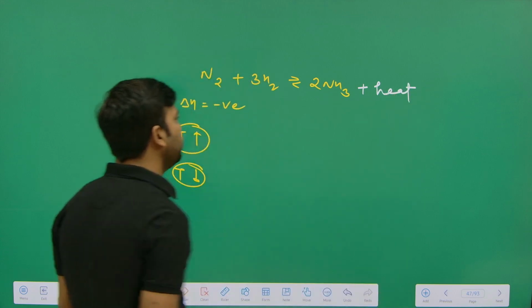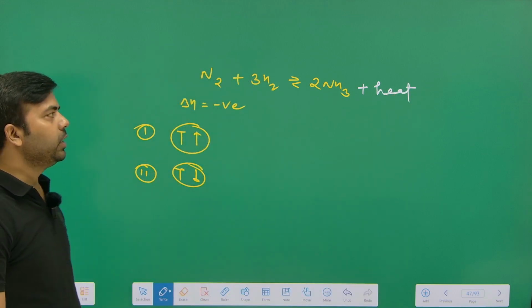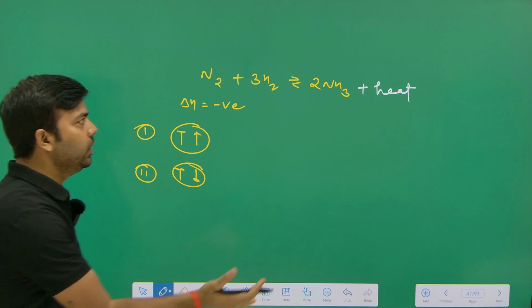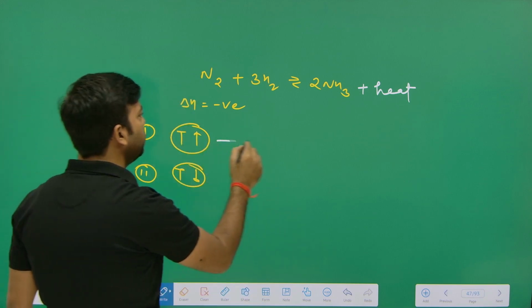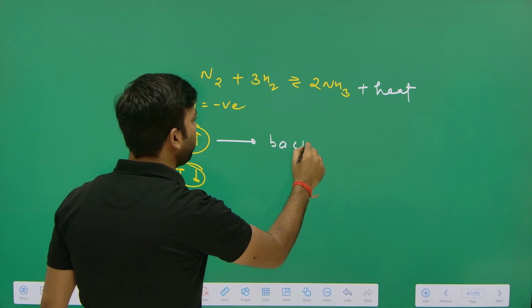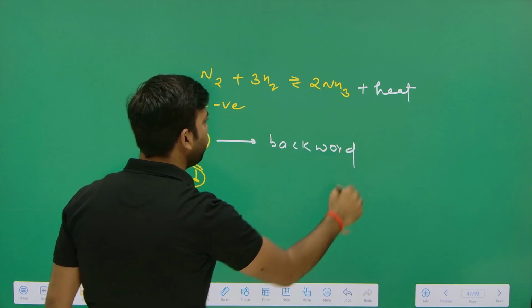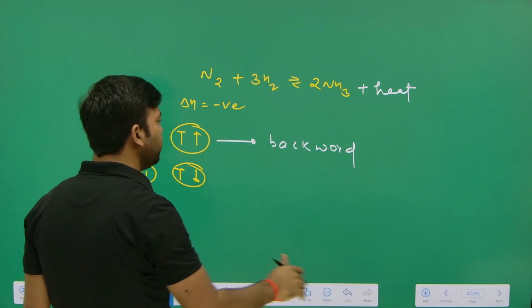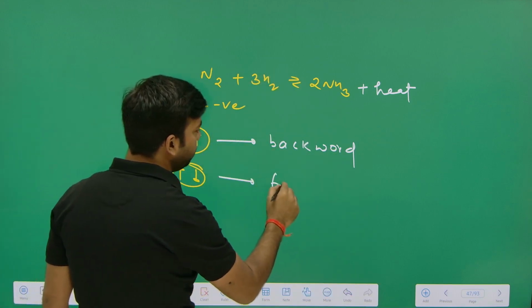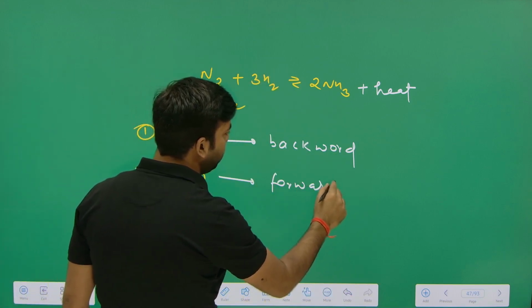So now this is very simple. Temperature increasing means heat will be more in the product. So lower heat will be reactant. So backward. And when temperature is decreasing, the product side has lower heat, which means forward. Clear?